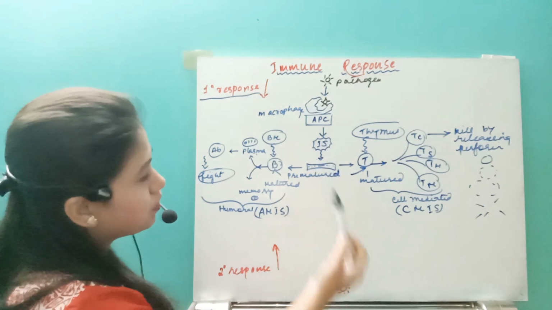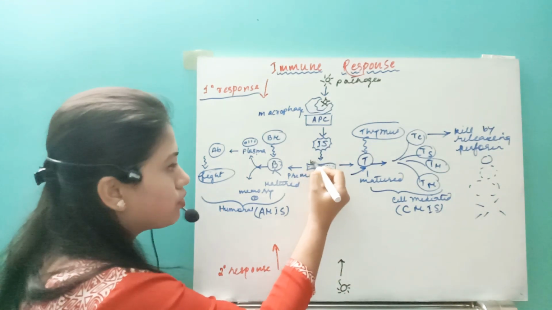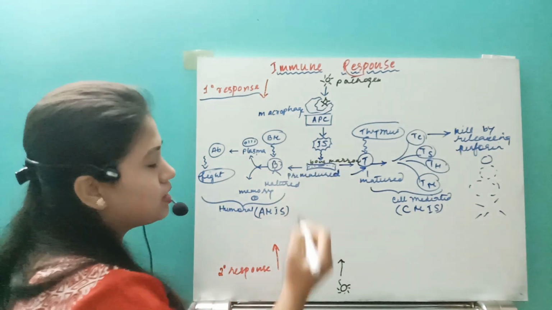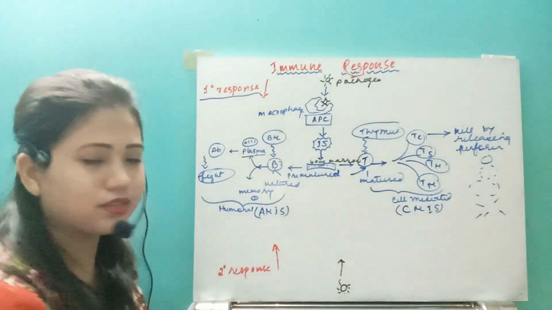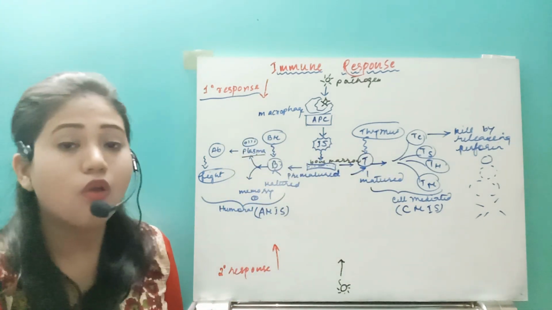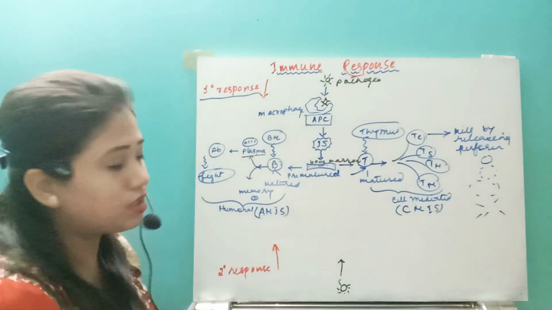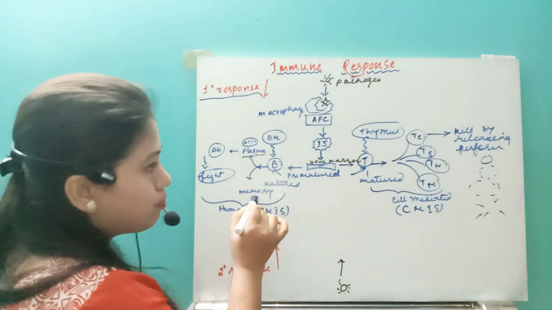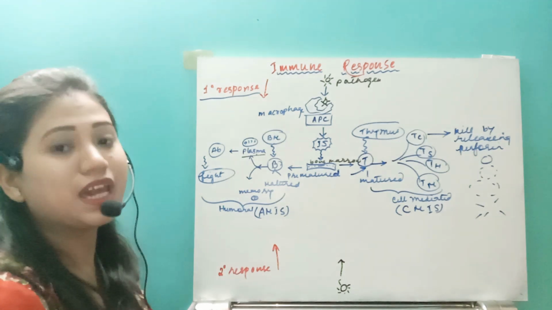That means APC will be formed, our immune system will be activated, the bone marrow will differentiate B and T lymphocytes, B lymphocyte will form plasma and memory cells. Will that happen? No. What will happen is that whenever that pathogen enters, it will already see memory cells present here and here. Both these memory cells will get stimulated.